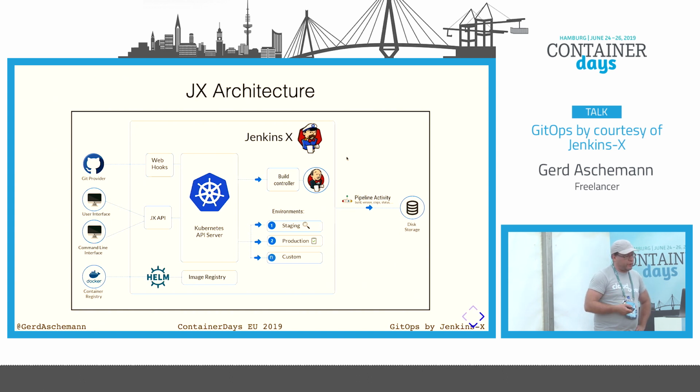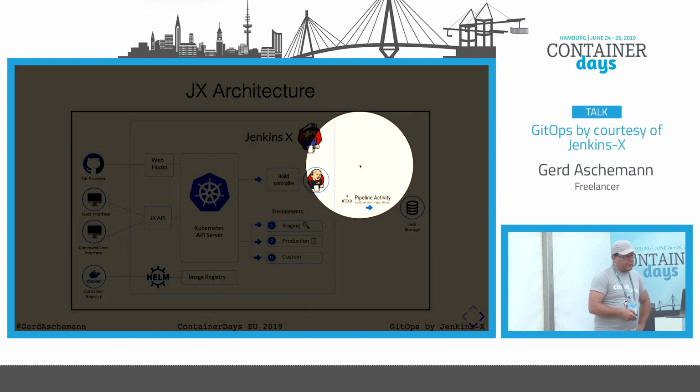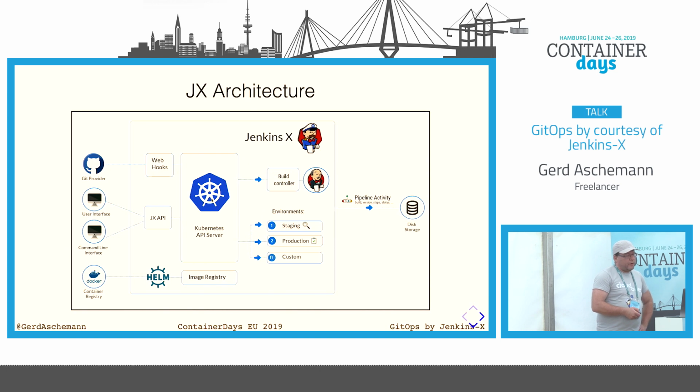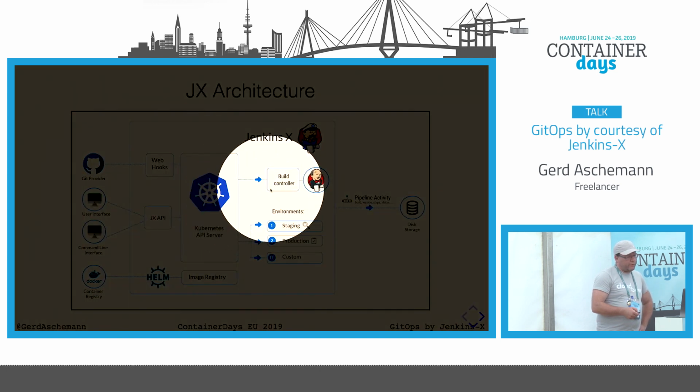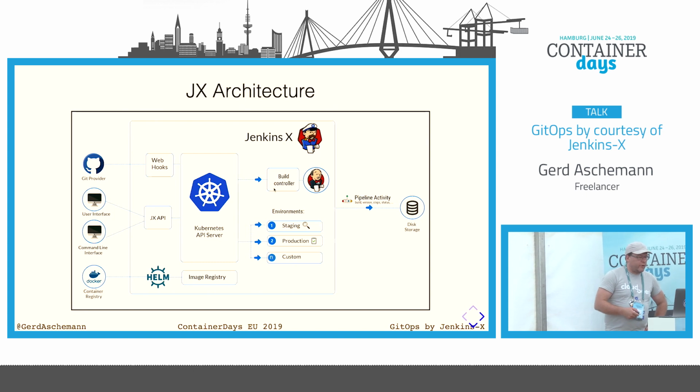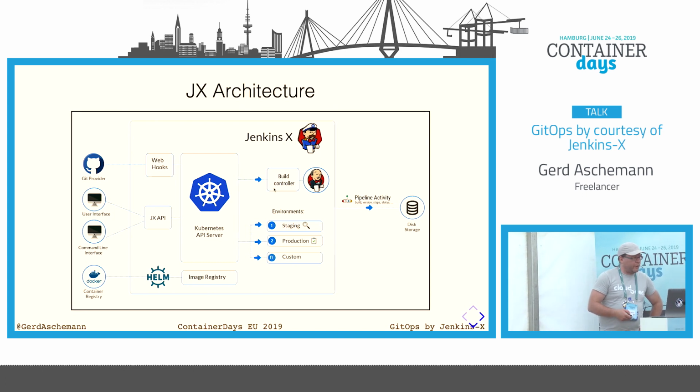It itself consists of a lot of Helm charts for Jenkins and all of the repositories, and Jenkins-X is able to bootstrap itself by adding everything to the Kubernetes API server. So the central point is still a Kubernetes API server, and then Jenkins-X consists of a build controller and several other components which are added to the Kubernetes API server.